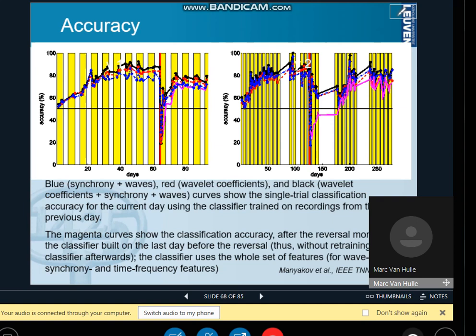The blue lines are spatial features, and they're doing a relatively nice job, sometimes hovering around 80% prediction accuracy. The red line is the wavelet coefficient, so that one is a bit better. That's a temporal feature. The red line is a bit above the blue line.